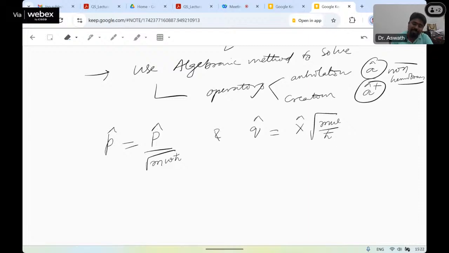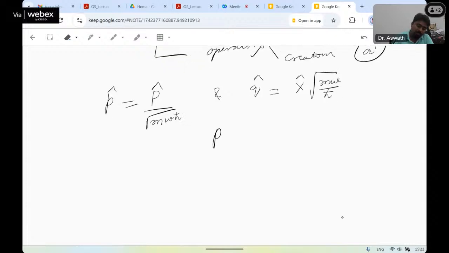If I introduce these changes, capital P square is equal to small p square into m h cross omega, and x square is equal to q square h cross by m omega.